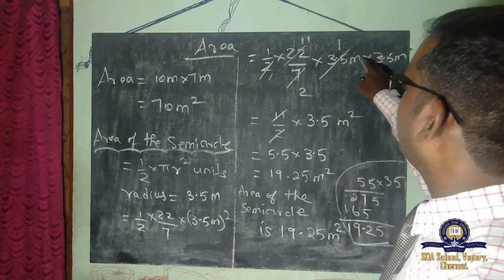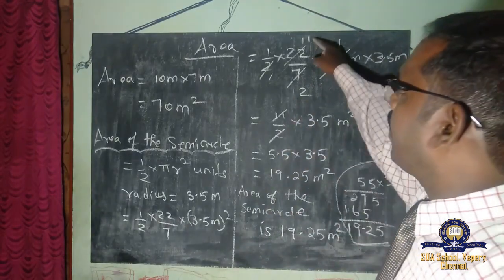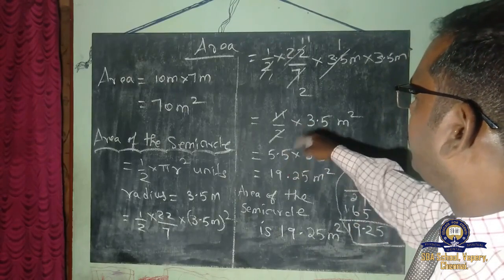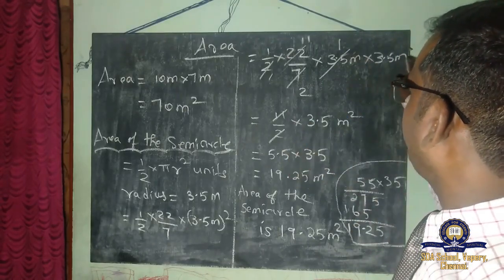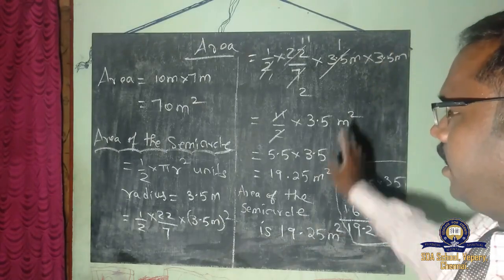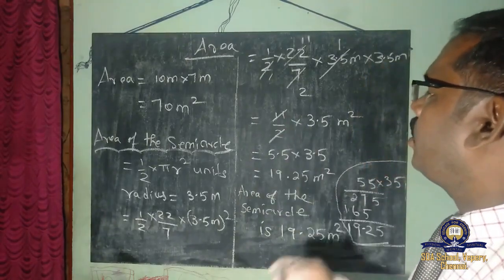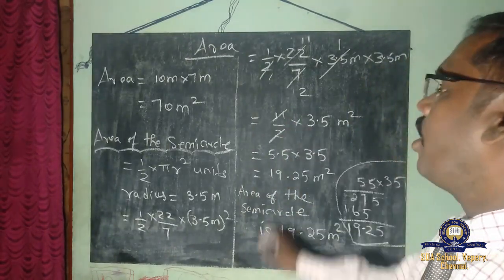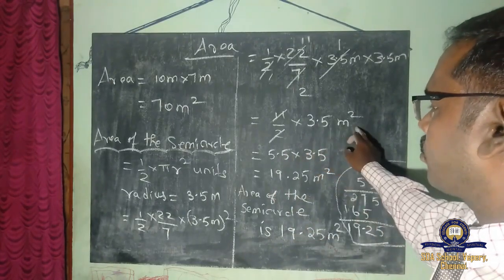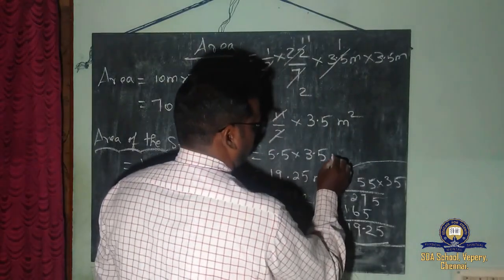Then this 3.5 meter will be as it is. So 11 by 2 into 3.5 meter square. When I divide 11 by 2, I will get 5.5, isn't it? This 3.5 meter square will be as it is. We have to put meter square, should not miss.